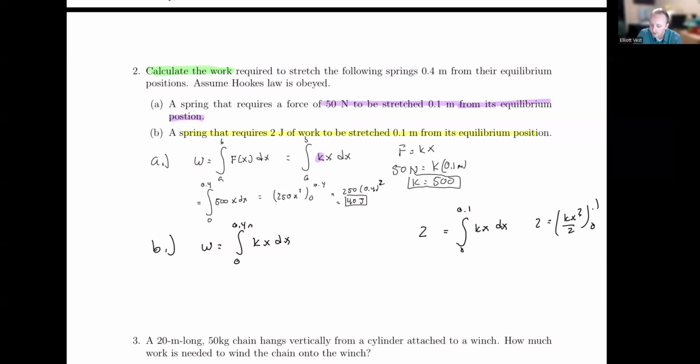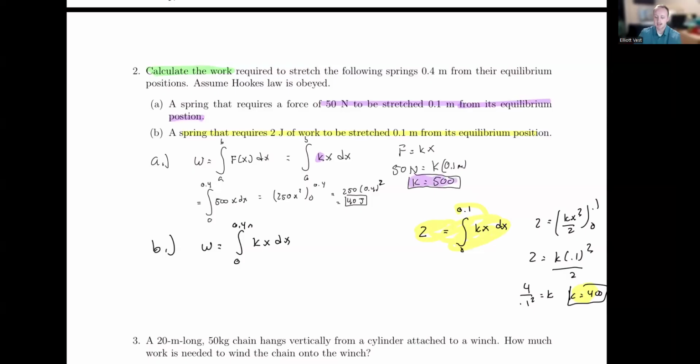If I plug in 0.1, I'm going to have 2 is equal to k times 0.1 squared over 2, minus plugging in 0 as well, but we're going to ignore that. So it's going to be 4 over 0.1 squared equals k, or k equals 400. So that part B information found us what k is equal to.